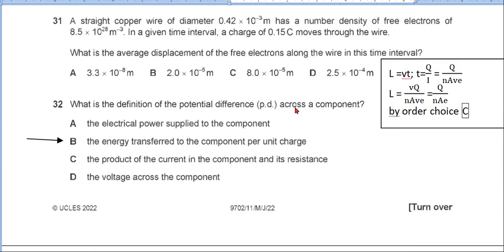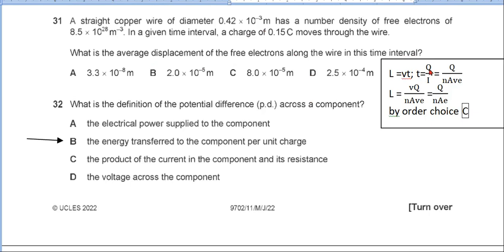A straight copper wire of a given diameter has a number density of free electrons given. In a given time interval, a charge moves through the wire. What is the average displacement of free electrons along the wire in this time interval? The distance moved by free electrons is the drift velocity multiplied by time.